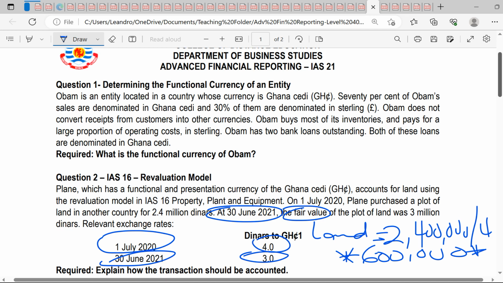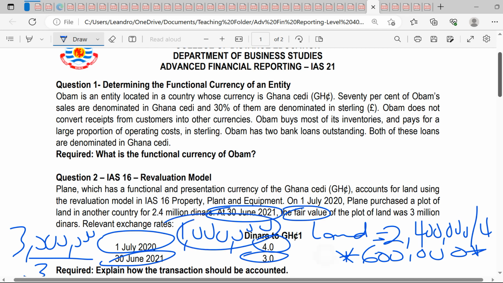So this same land, which came in at 4 dinars to 1, will now be translated to 3 million divided by 3. And so you're going to get 1 million. Please take your calculator and calculate this. You will get 1 million. Now it came in at 600,000. Now after revaluation, you have 1 million. And therefore there is an exchange gain of 400,000.